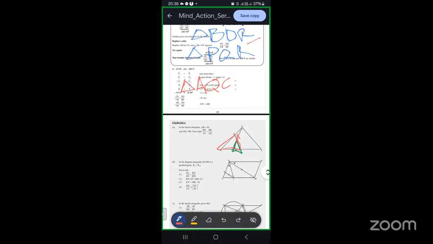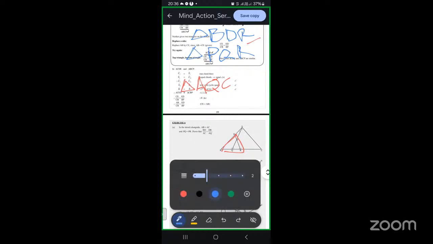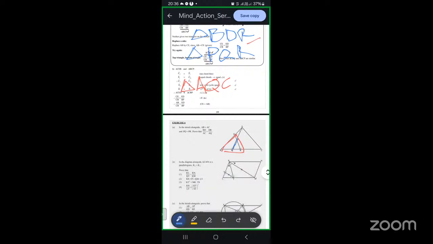I'm lost a bit, sir. Let me just try to write down what you are saying. So you said with this triangle, the red one, and this green triangle, I agree with you, you prove them similar. Yes, sir.